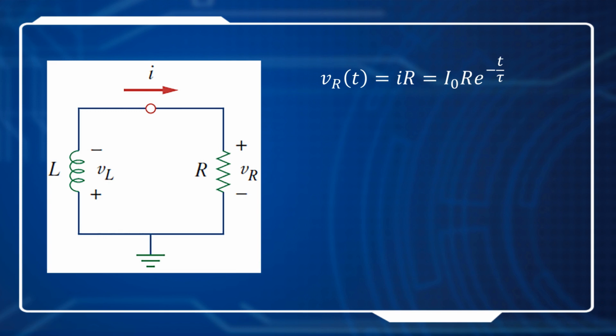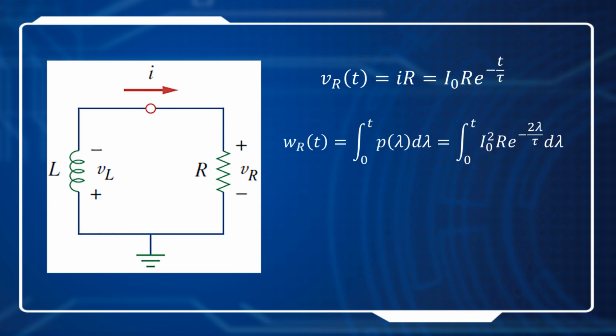And then we can get the energy dissipated by the resistor. wR(t) equals the integral from 0 to t of p(lambda) multiplied by d lambda, where we can put the expression of p inside, and then we get the final solution.